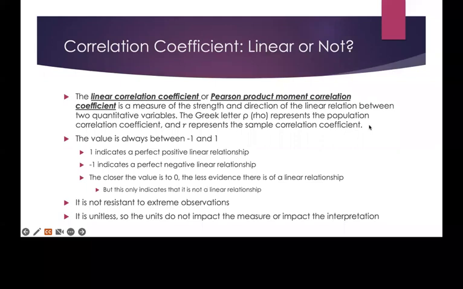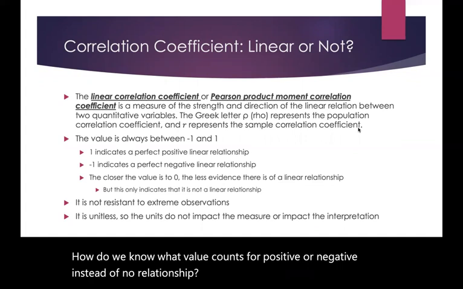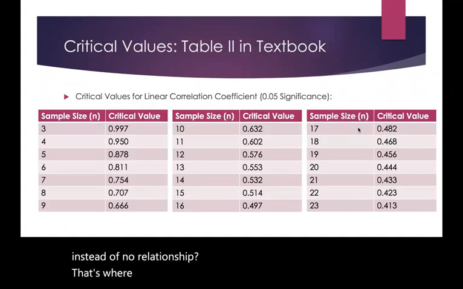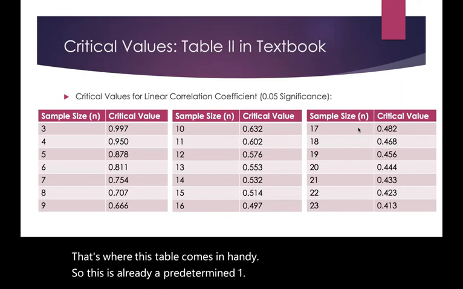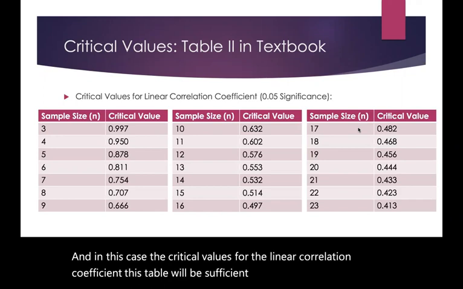Okay, so suppose we have this linear correlation coefficient. How do we know what value counts for positive or negative instead of no relationship? Well, that's where this table comes in handy. So this is already a predetermined one. And in this case, the critical values for the linear correlation coefficient, this table will be sufficient for this class.